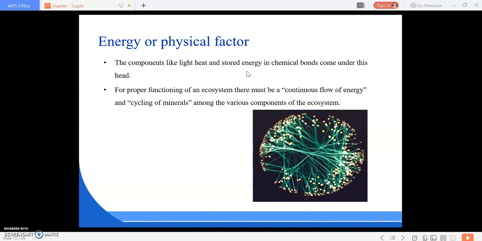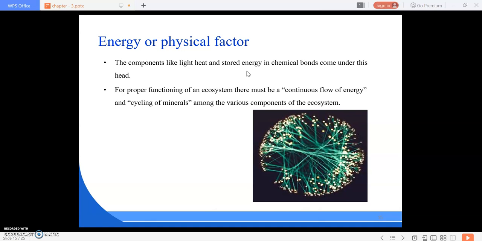So in the abiotic structure we have studied the first one, materials or chemical factors, and the second, energy or physical factors. We people, as living organisms, are also dependent on these factors. We cannot sustain in this world without these two factors.